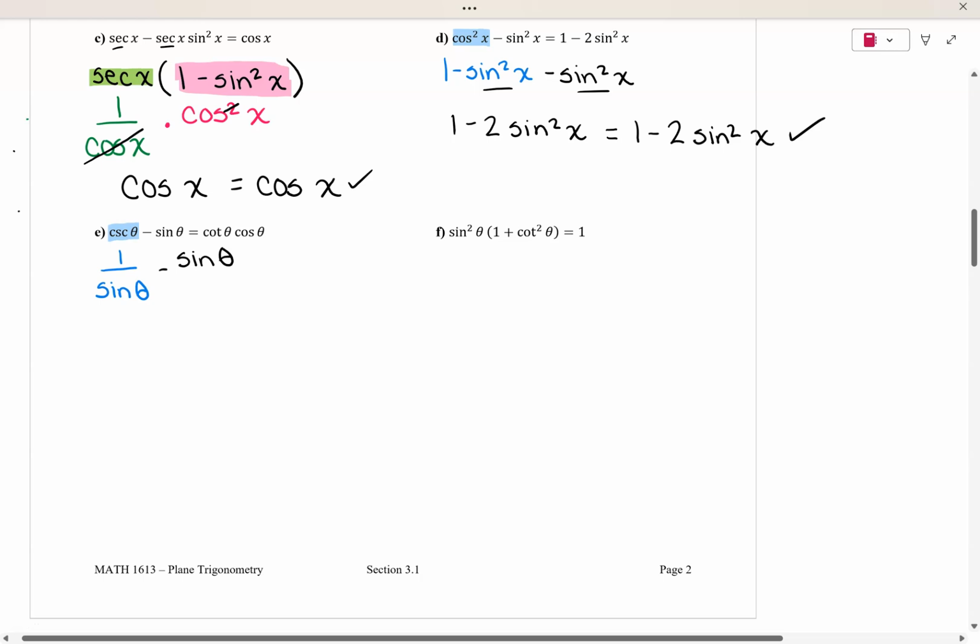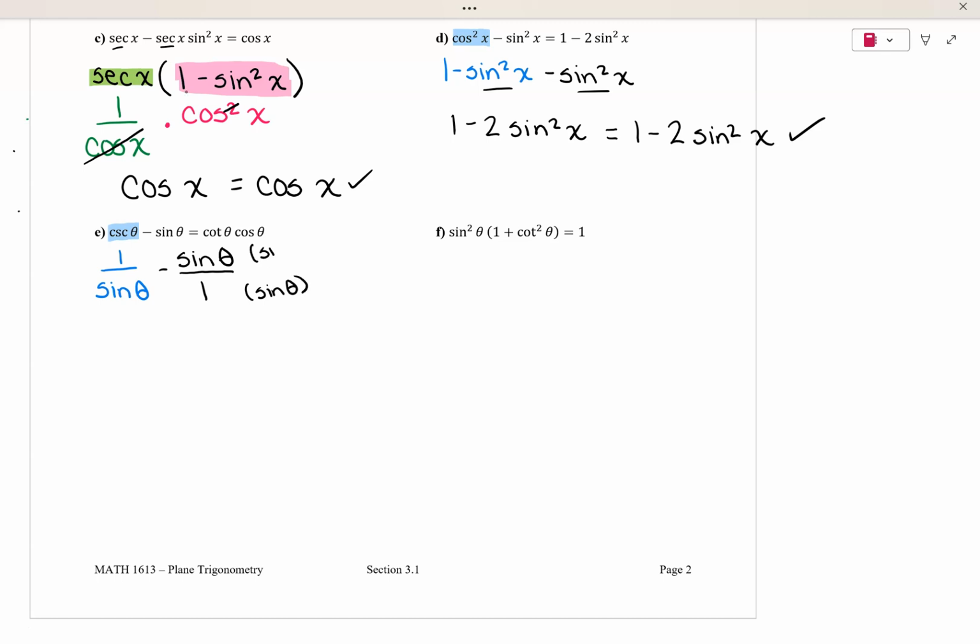Okay, so this is the part where I was mentioning about the fraction. So if you have fractions, let's find that common denominator. So remember that this is over 1. Our common denominator would be sine. So that means I would need to multiply this by sine and multiply this by sine. So we would end up having 1 over, let's go ahead and write it as one fraction.